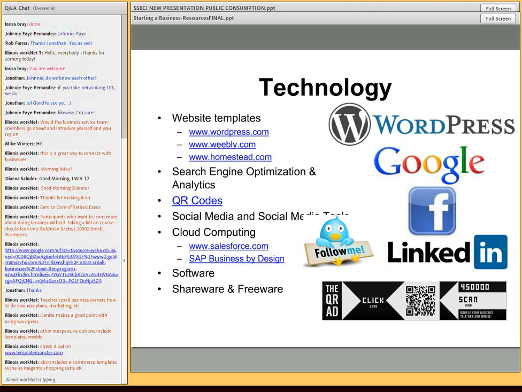Can I just jump in for one second? Something I wanted to mention, because this is new on LinkedIn, is that you can actually start a business page on LinkedIn now. This is a great way where you can define your services, even like your Facebook business page.